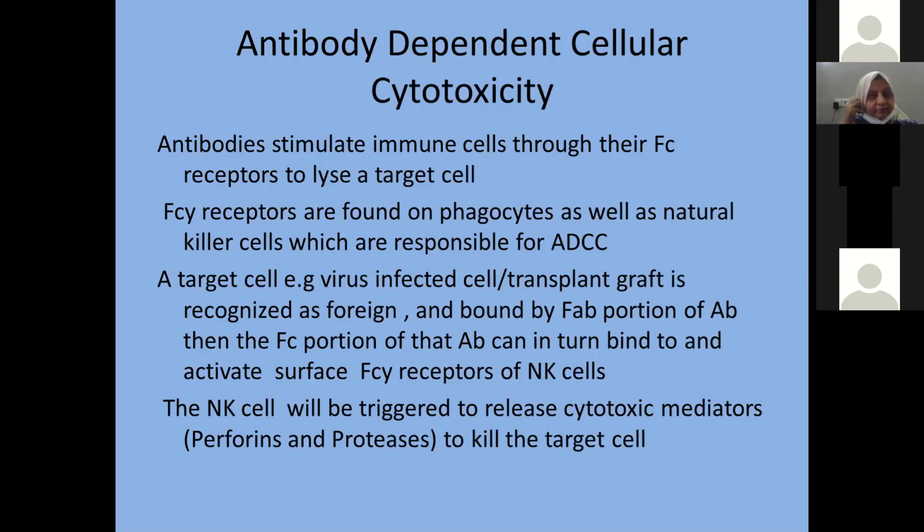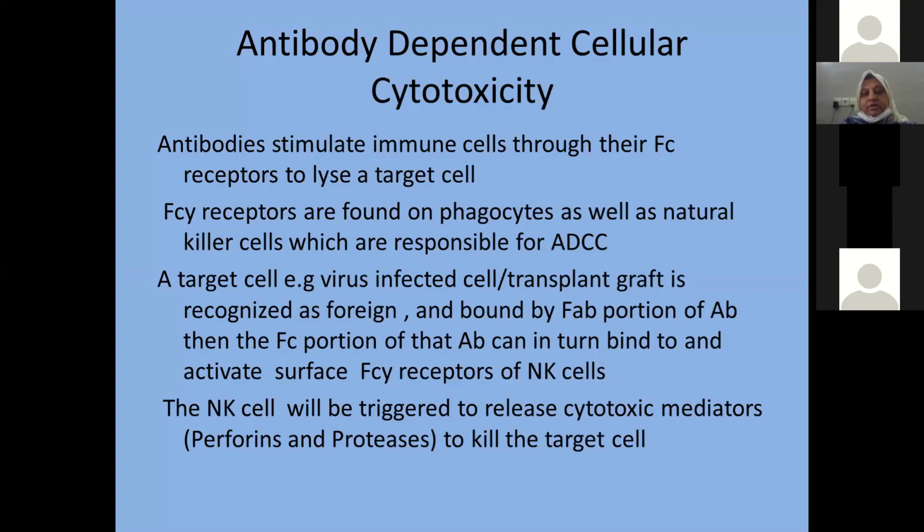In this type of antibody-dependent cellular cytotoxicity, cytotoxic T cells are not involved. The antibodies stimulate the immune cells through their Fc receptors to bring about target cell destruction or lysis. These Fc-gamma receptors are found on phagocytes as well as natural killer cells.